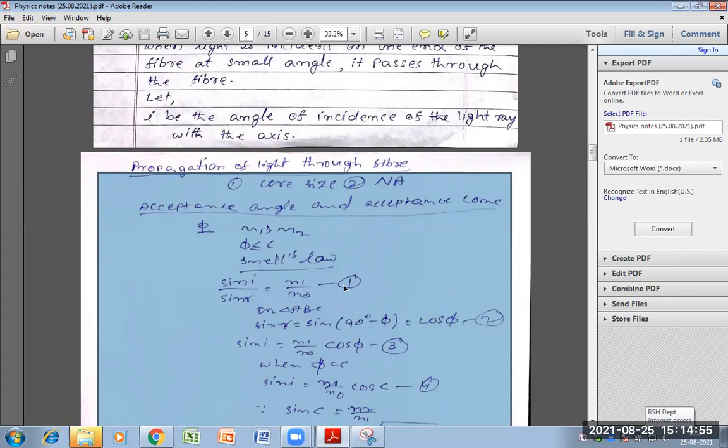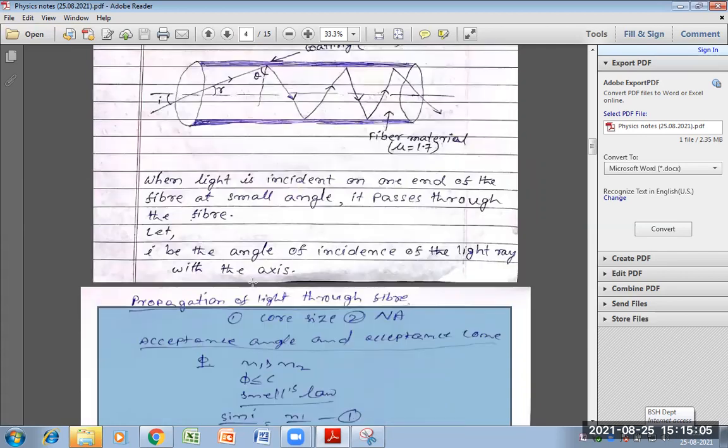Now, suppose this angle I, the angle of incidence, is increased beyond a limit.